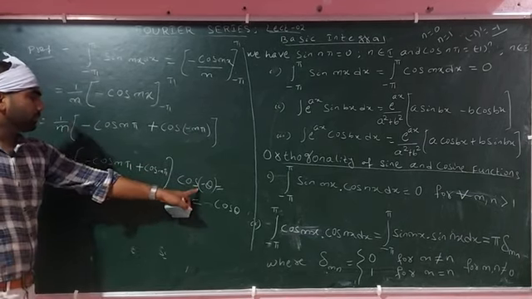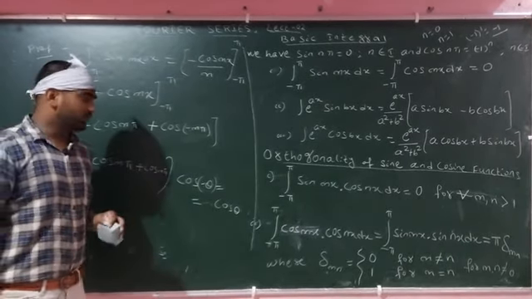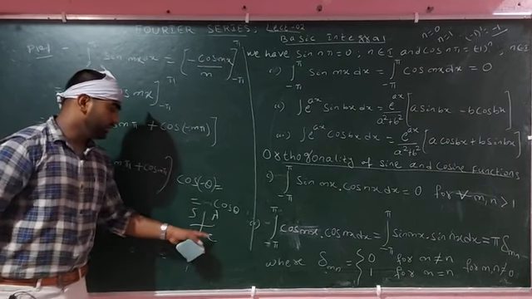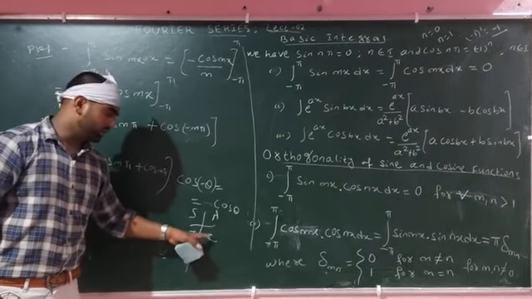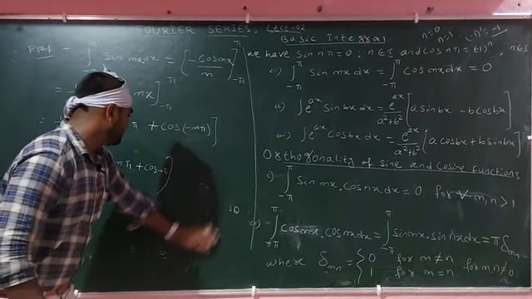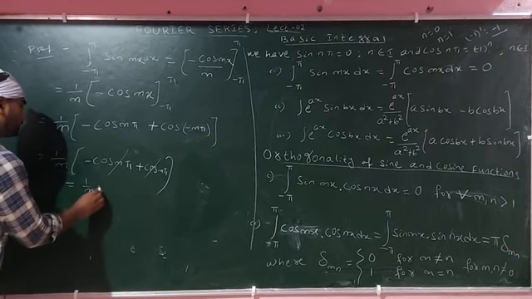By using this property, cos minus theta equals cos theta, by the ASTC rule, in the fourth quadrant cos and sec are positive. So using this property, minus cos m pi cancels, so 1 by m into 0 equals 0.